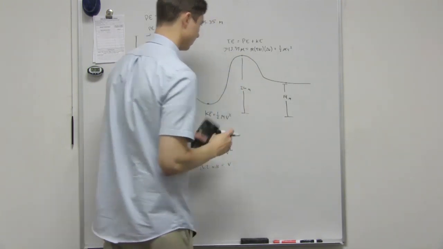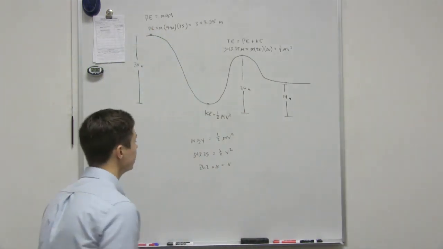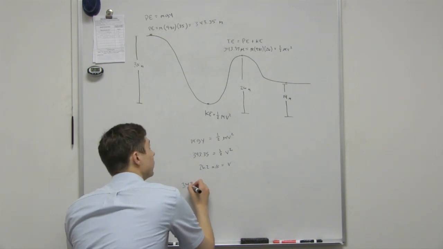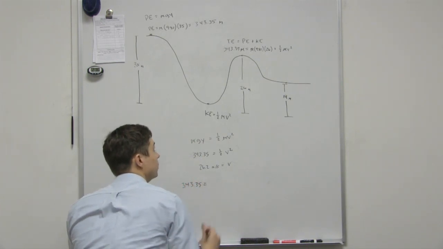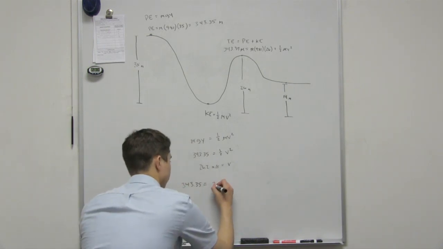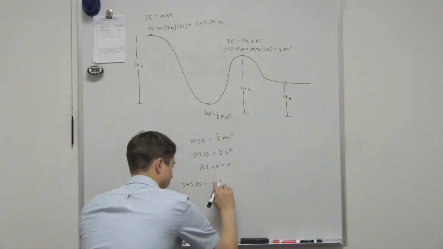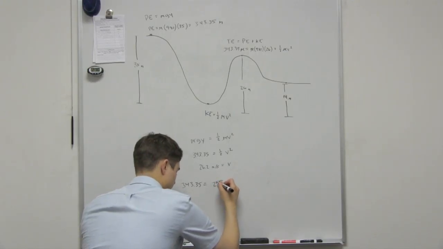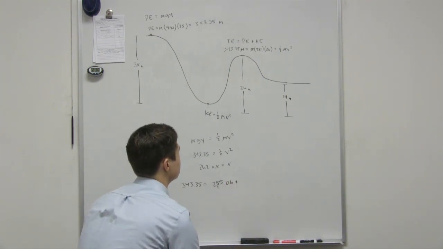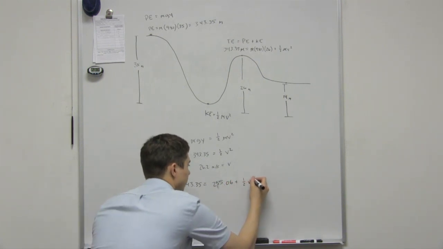I'm going to continue it down here since I'm out of room. So 343.35 equals 9.81 times 26, which is 255.06, plus 1/2 V squared.